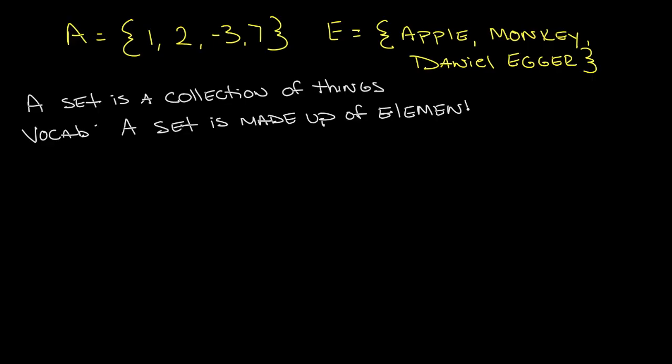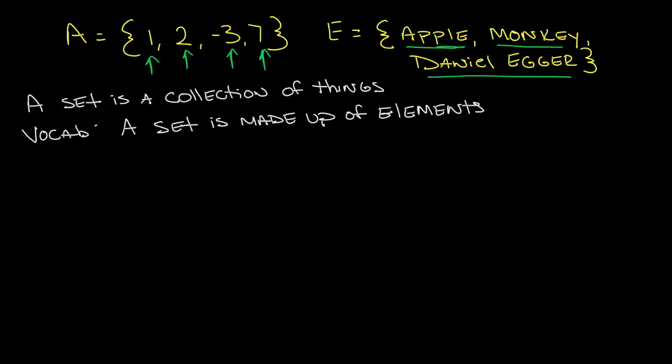So in this example, the set A is made up of 4 elements: the element 1, the element 2, the element minus 3, the element 7. This example on the right, the set E, is made up of 3 elements: the element apple, the element monkey, and the element Daniel Egger. There's really no requirement on what those elements are. A set can really be made up of any things.